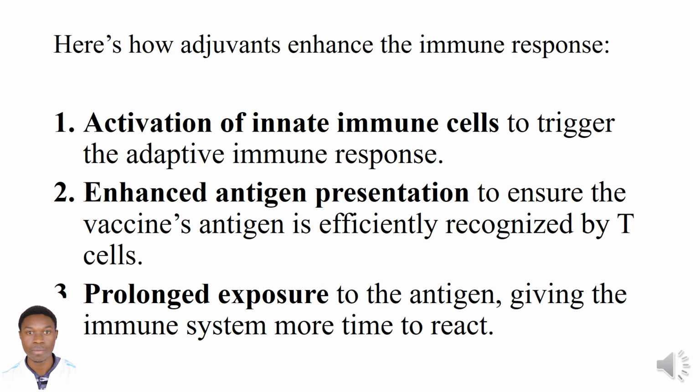This allows them to activate CD4 helper T cells, which promote B cell activation, antibody production, and CD8 cytotoxic T cells, which recognize and kill infected cells. Then there is prolonged exposure to the antigen, giving the immune system more time to react.